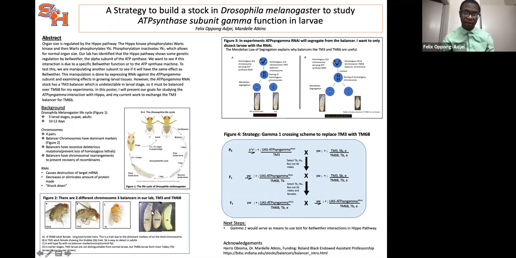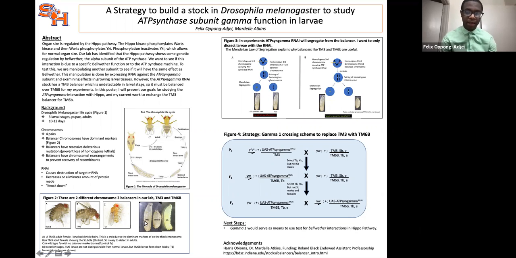But in larval flies, a TM3 chromosomal balancer doesn't have enough distinctive phenotypes for us to tell it apart from a wild-type larva. So that's the problem we have. We don't know which is which, and we run the risk of dissecting wild-type larva in search of ATP synthase gamma RNAi balanced over TM3.